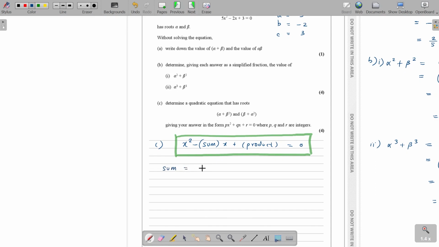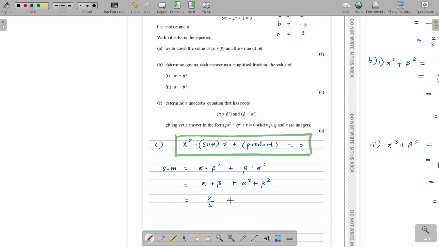So your roots are alpha plus beta square, added with beta plus alpha square. Are you with me? Let's take the like terms together. So alpha and beta, I will add alpha plus beta. Beta square plus alpha square can be rearranged as alpha square plus beta square. Alpha plus beta answer we found, that is 2 over 5.